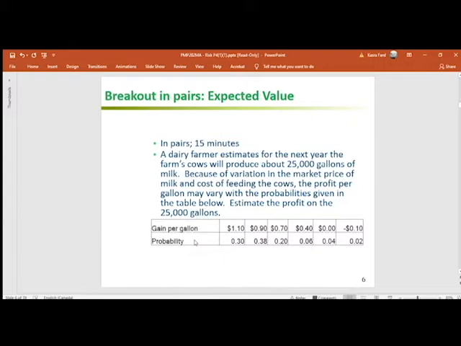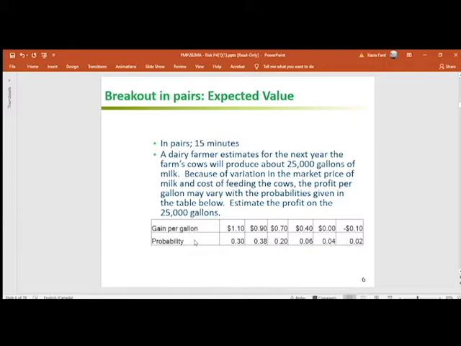Then there is another scenario where the probability is 38%. So there's a 38% probability that this scenario will happen, and under this scenario, the gain per gallon is going to be 90 cents, and so on. And in the last one, we have a probability of 2% that we will actually be losing 10 cents on a gallon. And also we have this scenario that there is a 4% probability that there's going to be no gain at all.